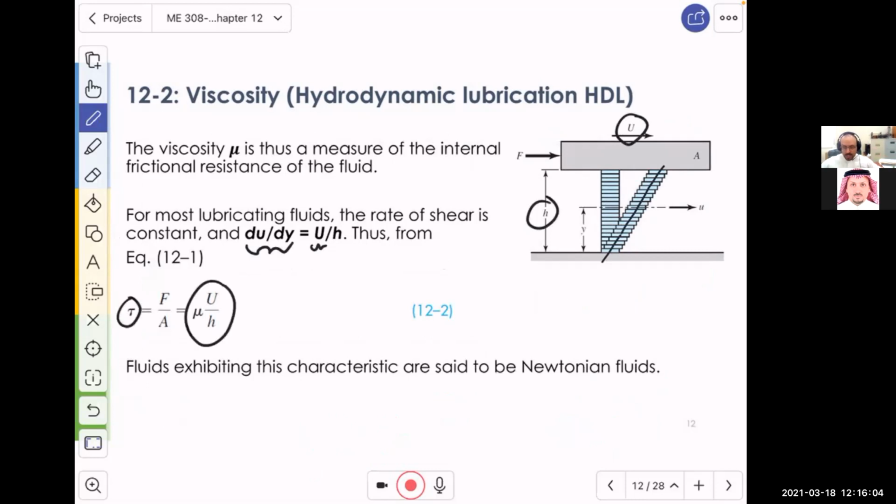Now, if you assume that the rate of shear is constant, then this fluid is said to be a Newtonian fluid. A Newtonian fluid.